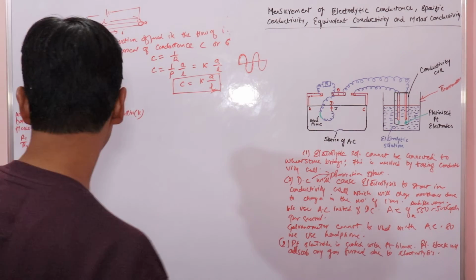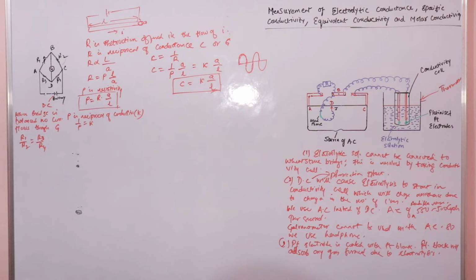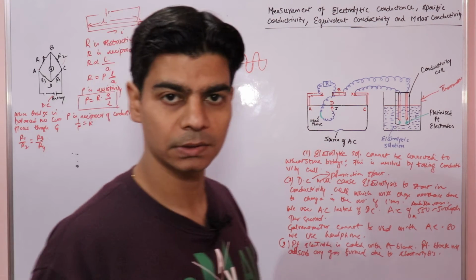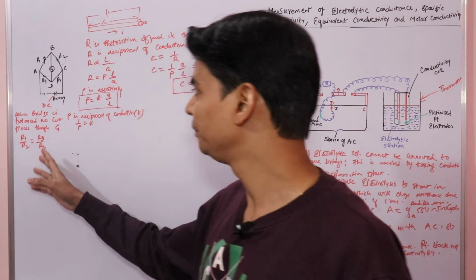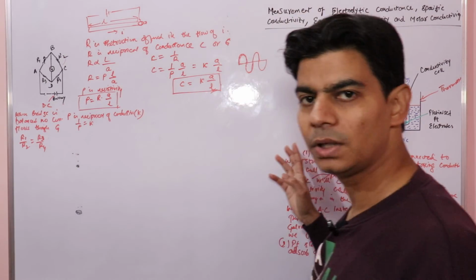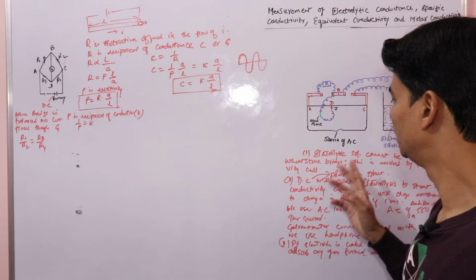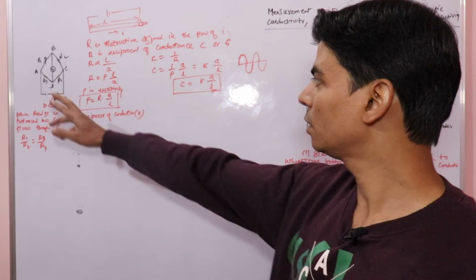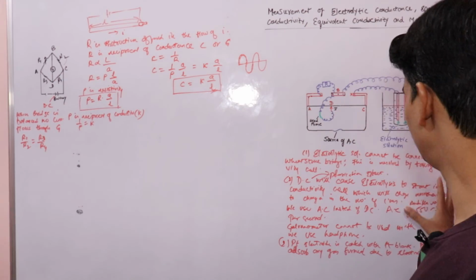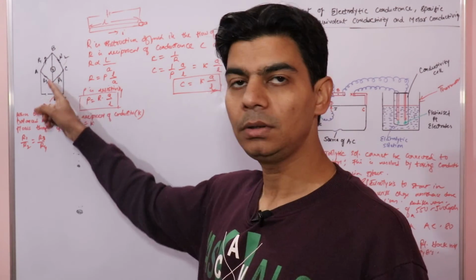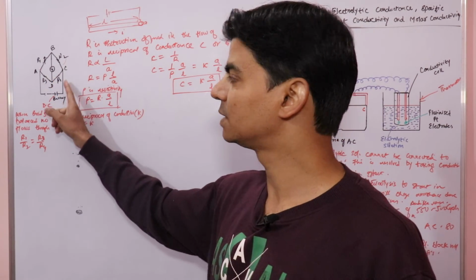So these are the three important replacements or adjustments that we need to make in the Wheatstone Bridge to measure the electrolytic conductance of an electrolyte. The first was that we could not make this electrolytic solution one of the resistances.